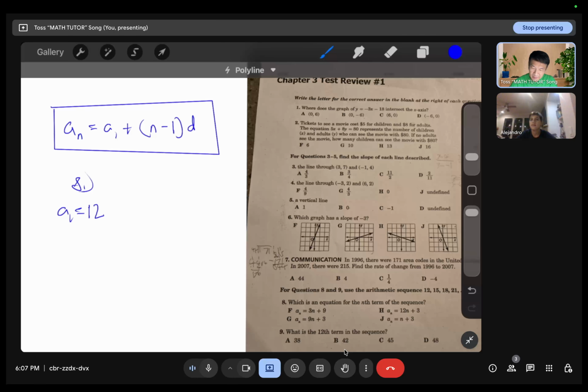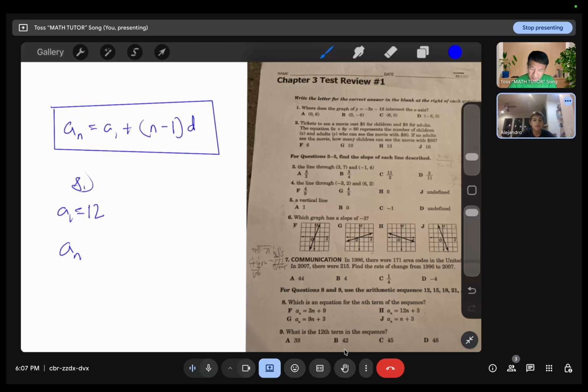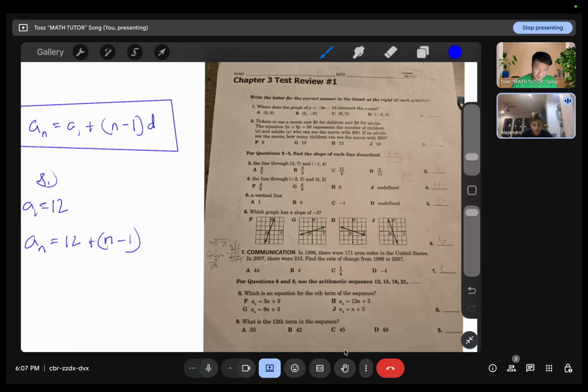All right, let's continue. Let's do a sub n equals 12 plus, what's n again? Just n. Right? Yeah. Okay, minus 1. And what is d? D is the common difference.